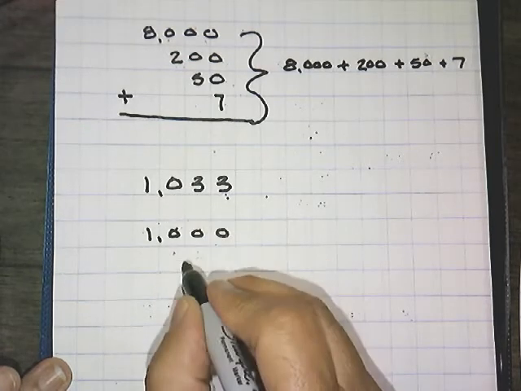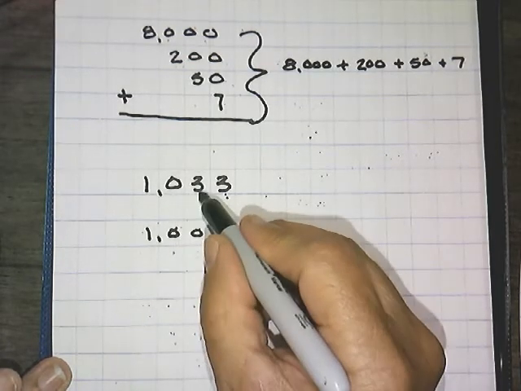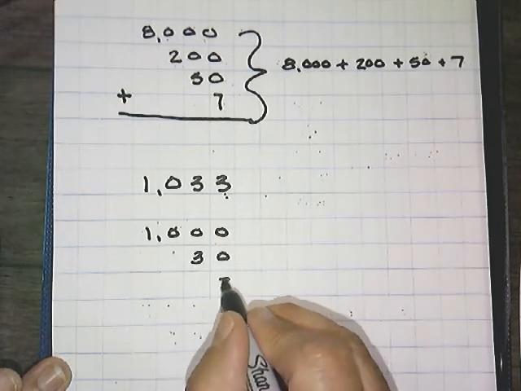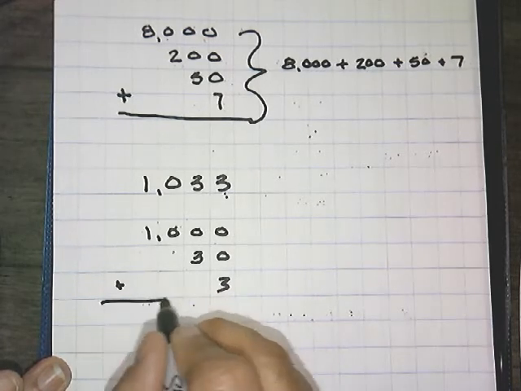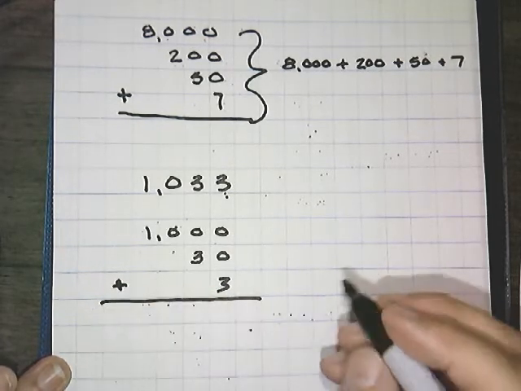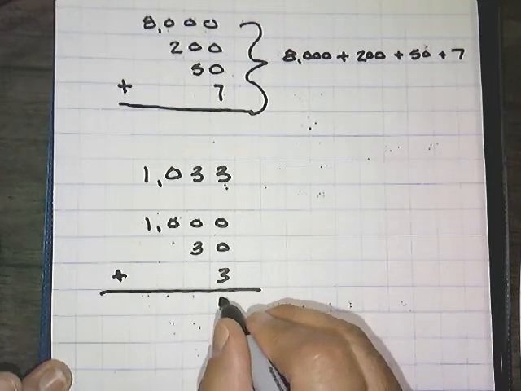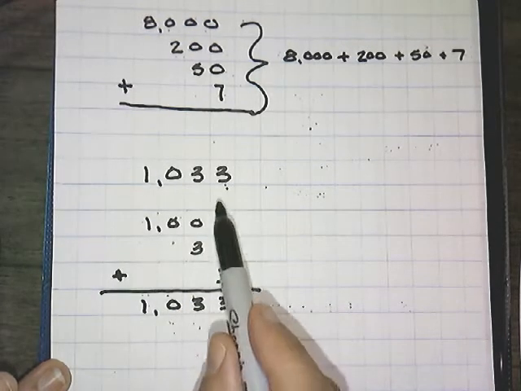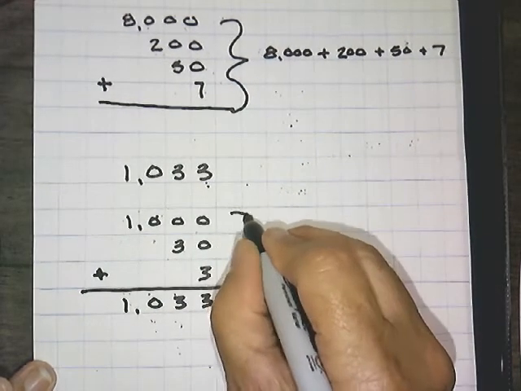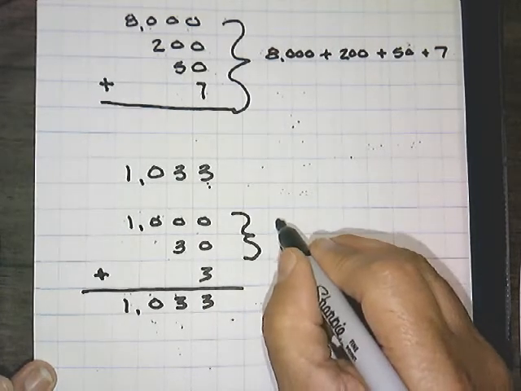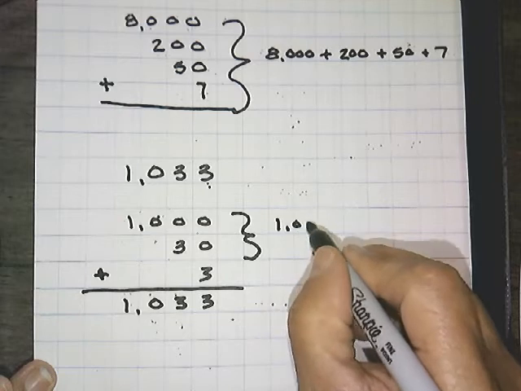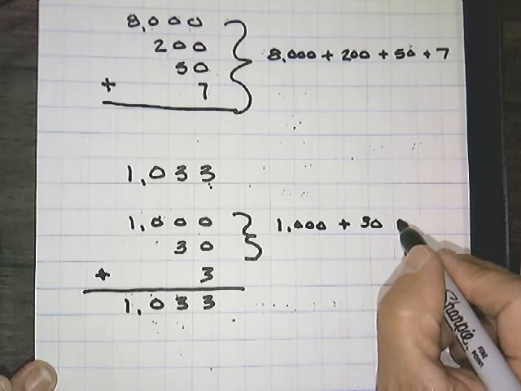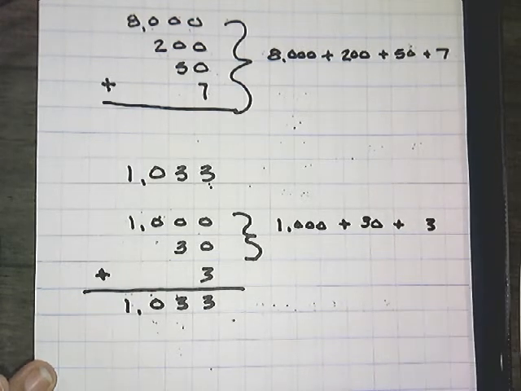We really have 0 hundreds, so I'm not going to show anything for that, but we have 3 tens, and we have 3 ones. Now, I can prove that this will reconstruct back into standard form as the same number by just adding, and you can see that 1033, that's the same. So if we write this from left to right, 1033 in expanded form would be 1000 plus 30 plus 3.